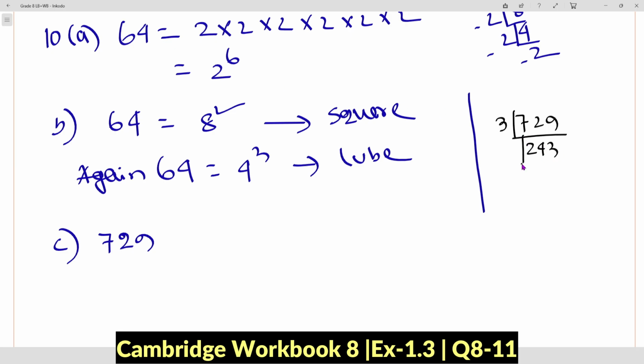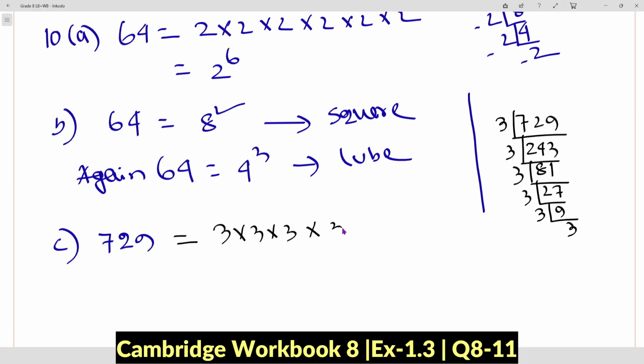Again, we can divide by 3. So it's 81. Divide by 3, it's 27. Divide by 3, 9. Divide by 3, again 3. Now look, if we make prime factorization, it will be 3 times 3 times 3, and then 3 times 3 times 3.